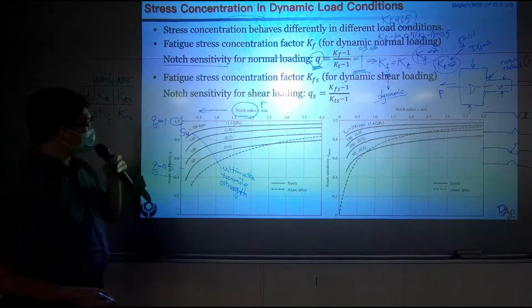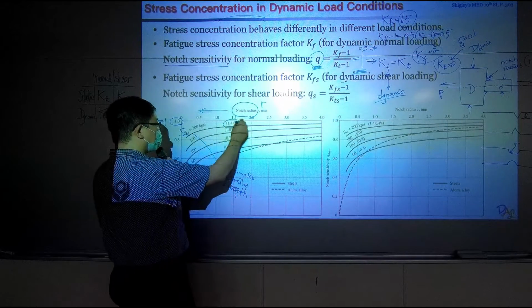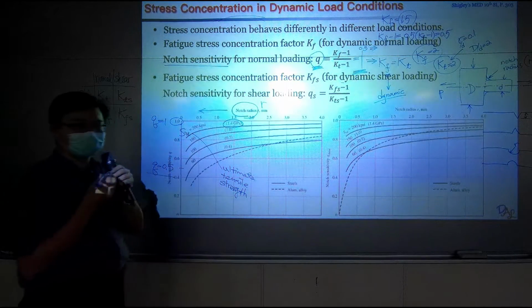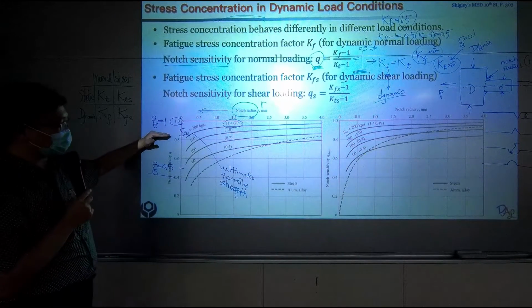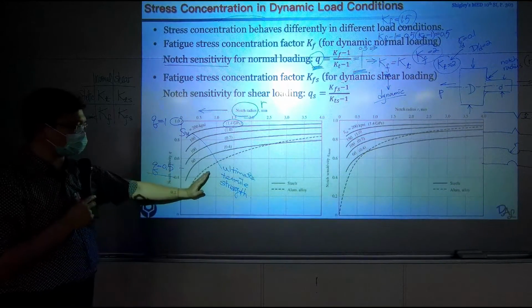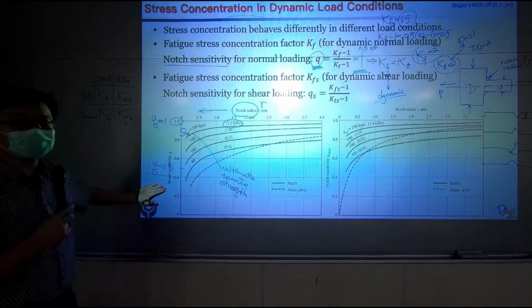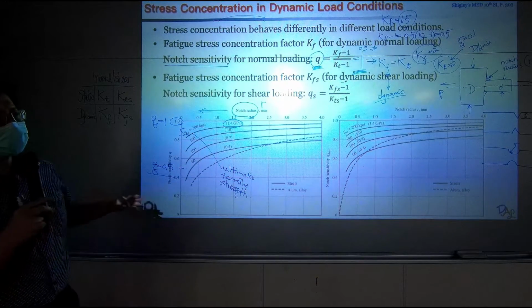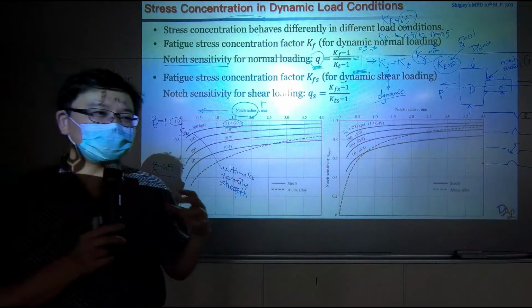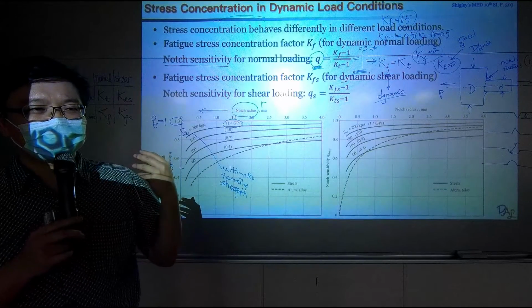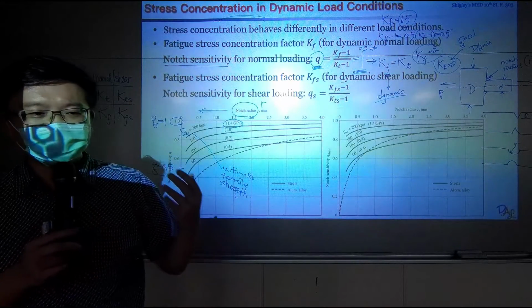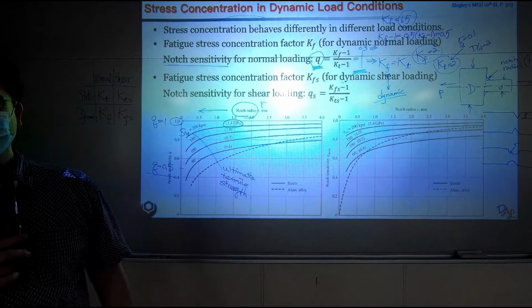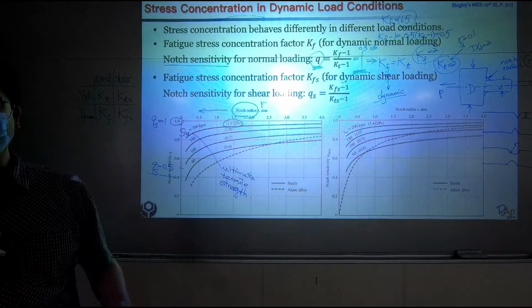So this table is telling you that harder materials have greater Q. Softer materials have lower Q. So it's like softer ones can survive fatigue better.